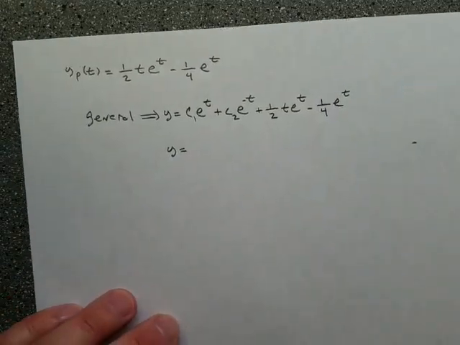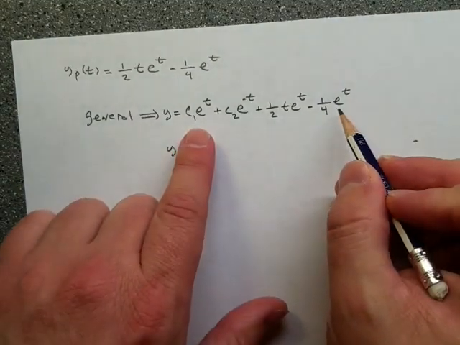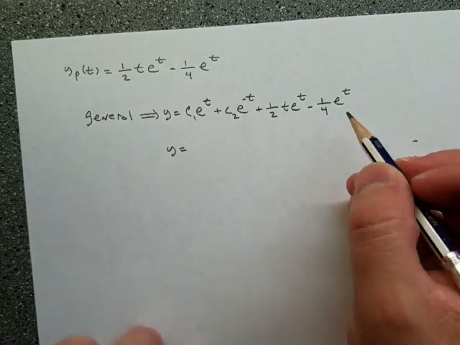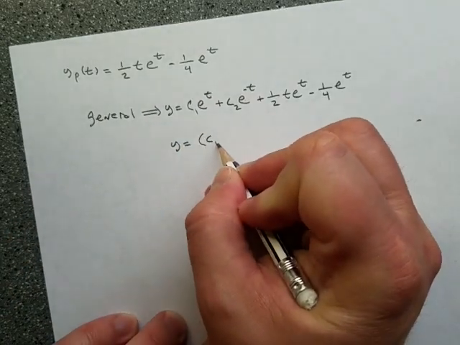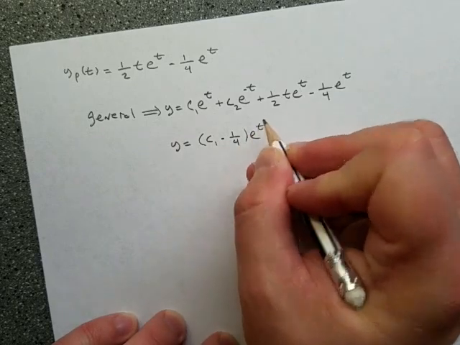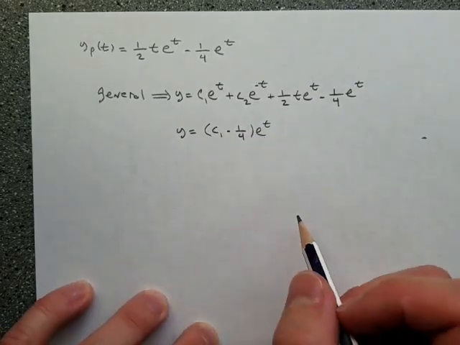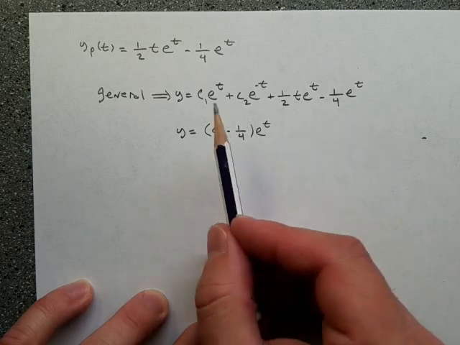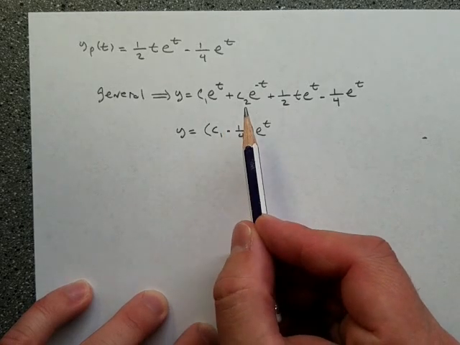What I notice is that those are basically like terms, and there is a coefficient on e to the t. Take this and this, and that's different.